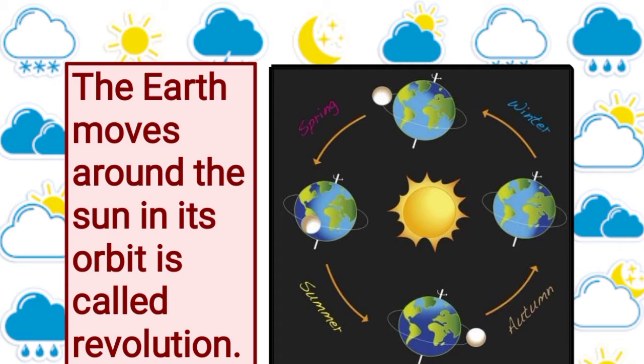For example, the moon revolves around the earth and the earth revolves around the sun. So this movement of the earth around the sun in a fixed path is called a revolution.